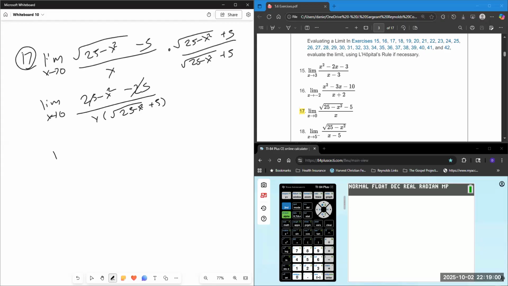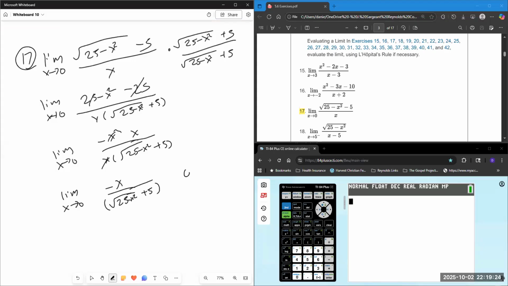And I have the limit as x goes to 0 of negative x squared over x times (root of 25 minus x squared, plus 5). X goes into x squared x times, so the limit as x goes to 0 of negative x over (root of 25 minus x squared, plus 5) will give me 0 over 5 plus 5, which is 10, which is 0. And that's my answer.